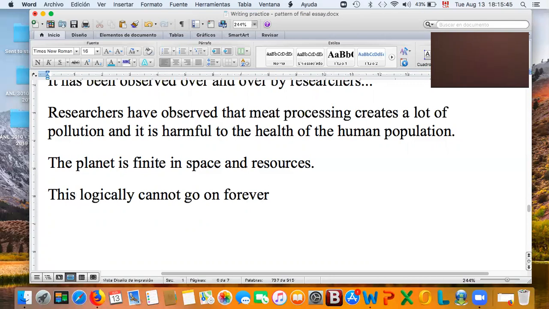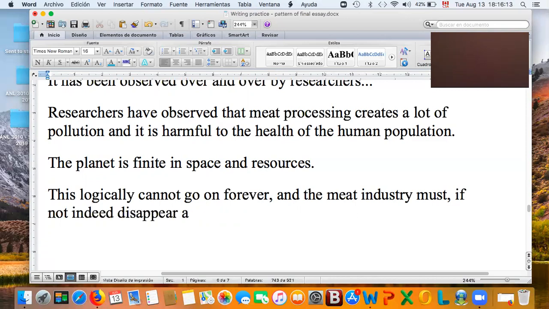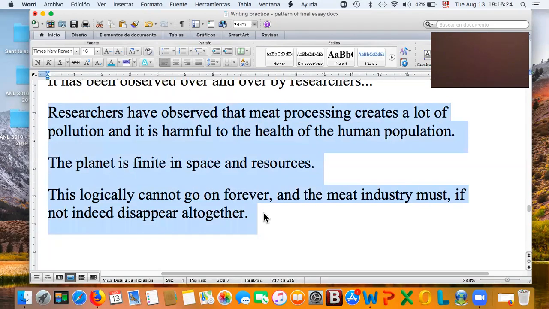Okay, so therefore, the meat industry must change, if not indeed disappear altogether. There. Okay, now I think that would be an acceptable example of logical appeal.